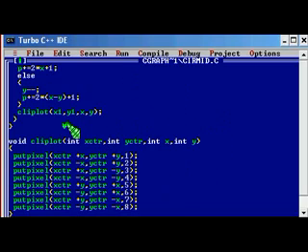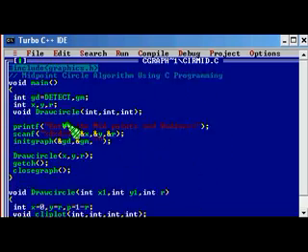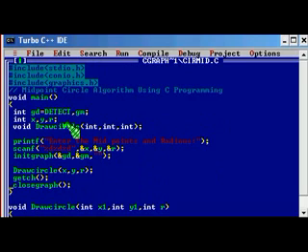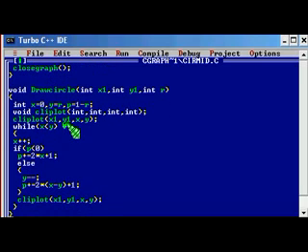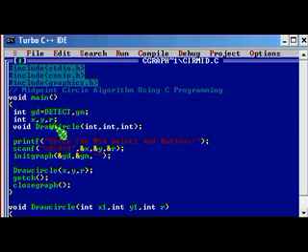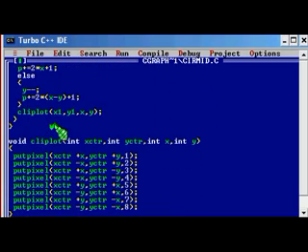In this method we have x and y values which are used to calculate the decision factor p, and the decision factor is calculated with a different kind of formula. That is the difference in this program. So please try this program and execute it. This is the circle drawing algorithm using the midpoint method.